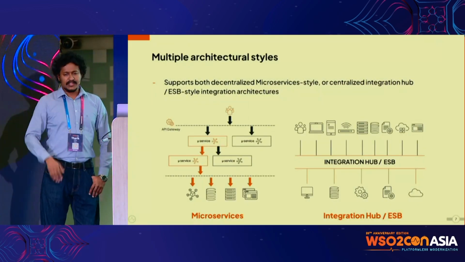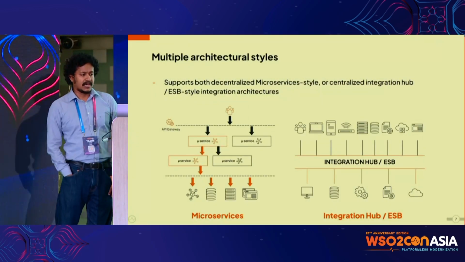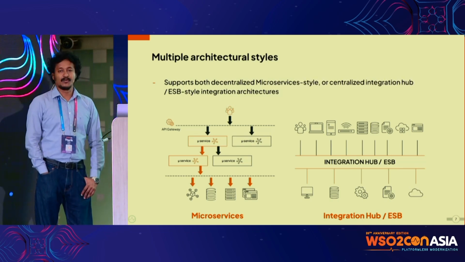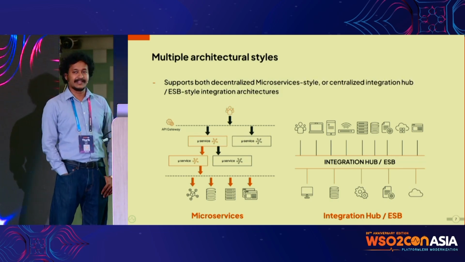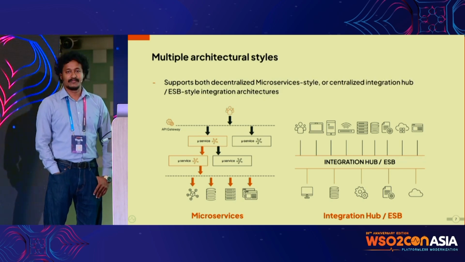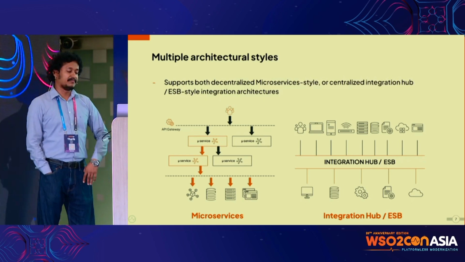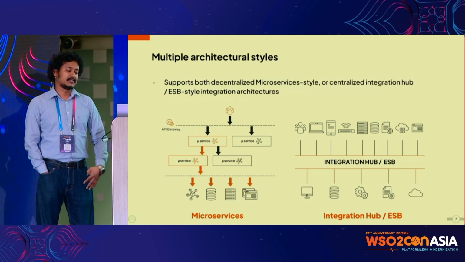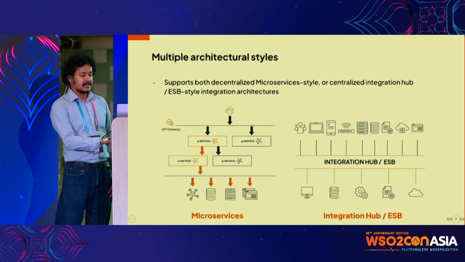I think in the morning session we also talked about architecture styles: mainly centralized and decentralized styles. WSO2 Integrator supports both, so you can deploy them as microservices or as traditional integration monolith applications.